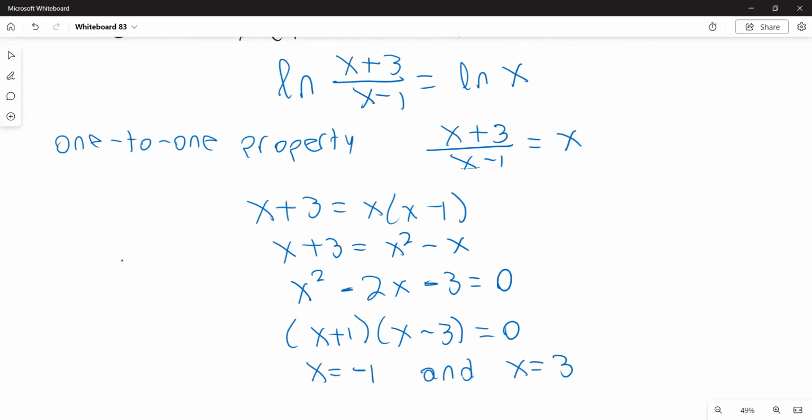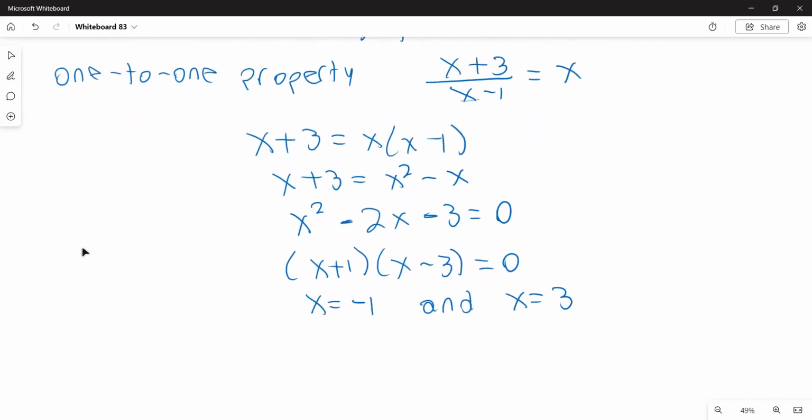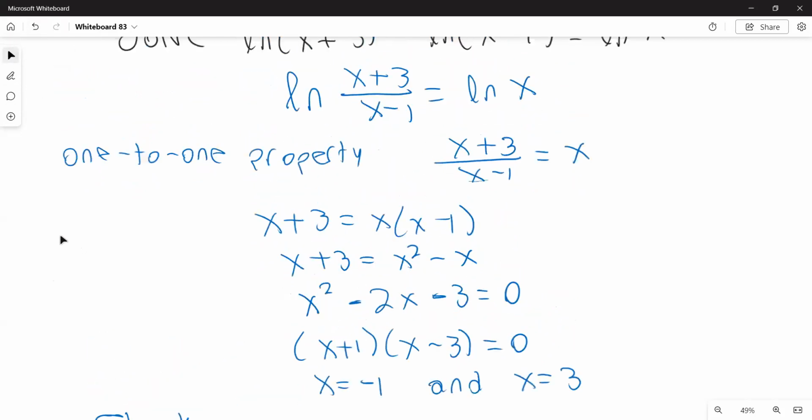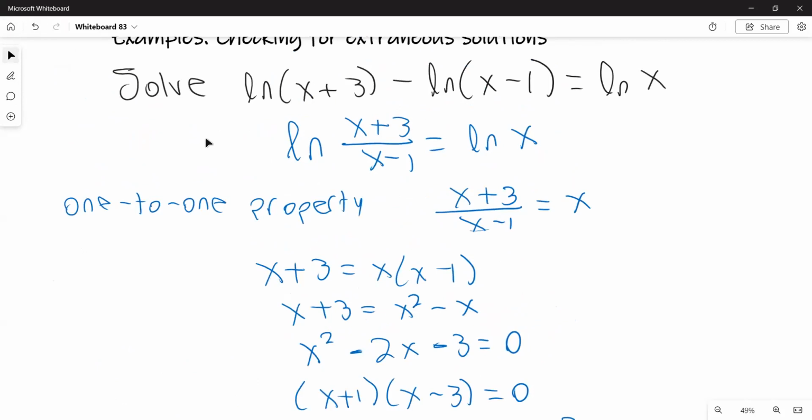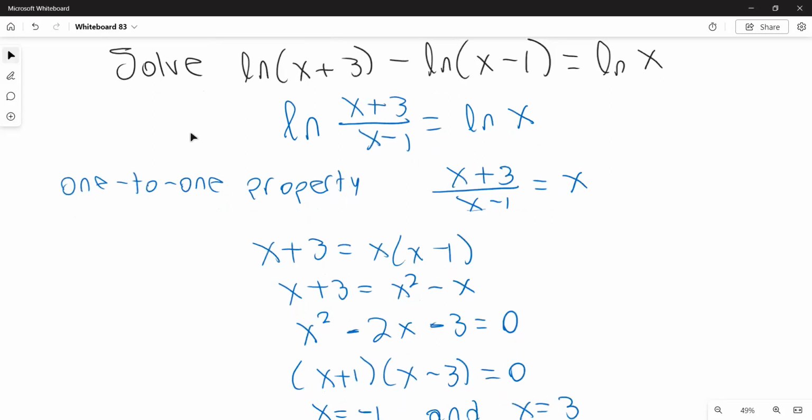But we're not done yet. We still need to check them. So let's check the solution x equals negative 1. So know that that's the equation we began with. And we know that the natural logarithm of a negative number is undefined.